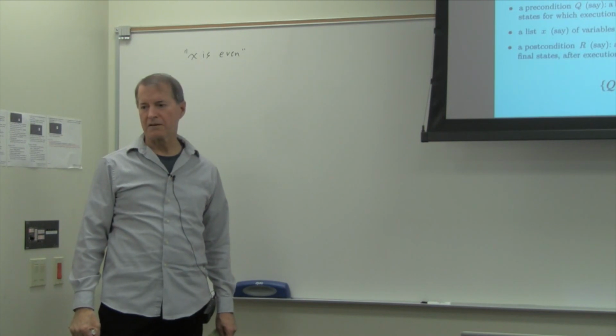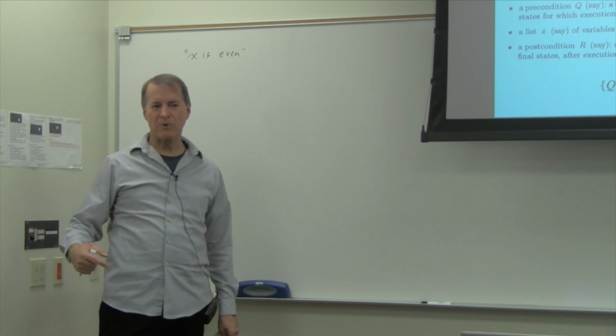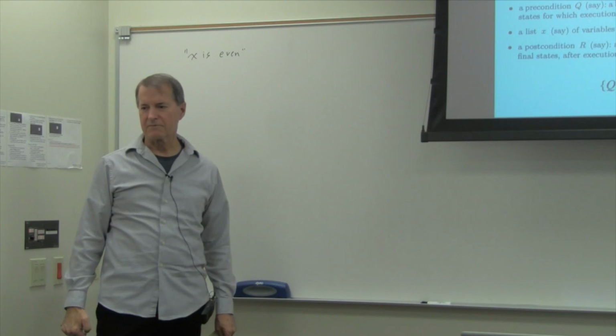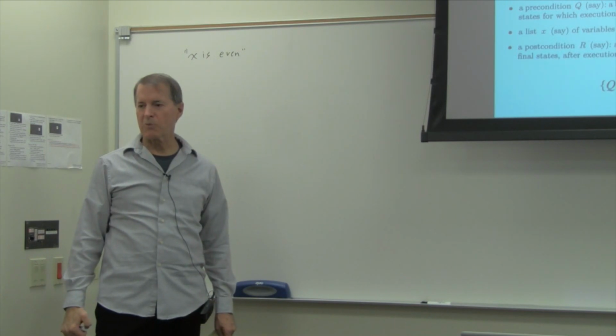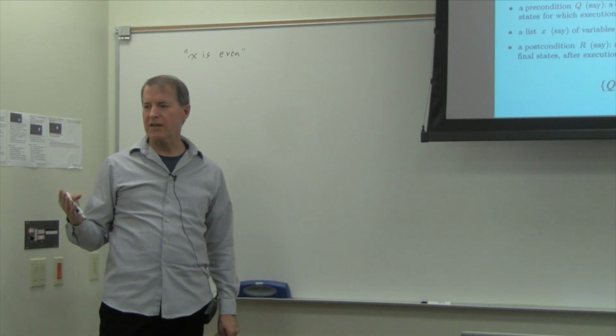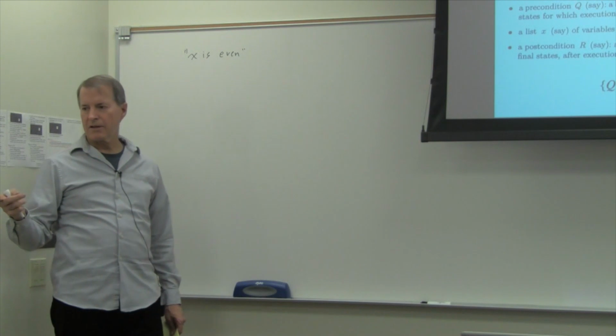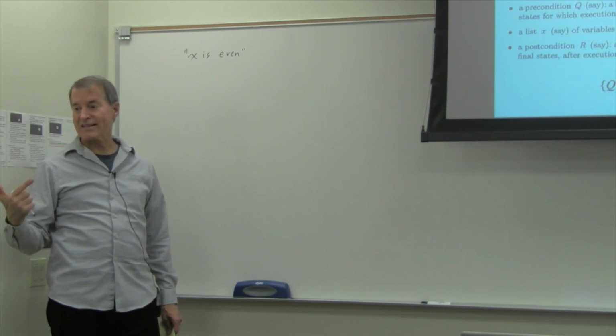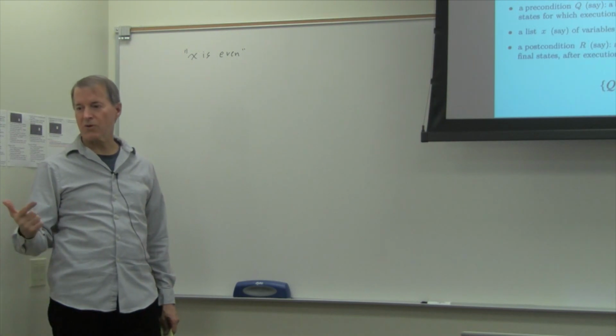Because it's divisible by 2. Yeah, but I'm using multiplication. Do you remember we used multiplication for this? Why is 12 even? k times 2 equals it. Yeah, because what exists?